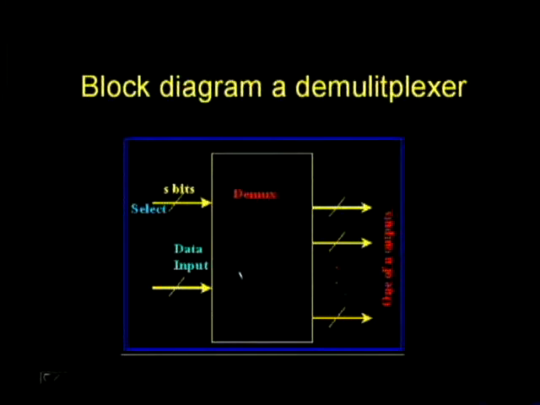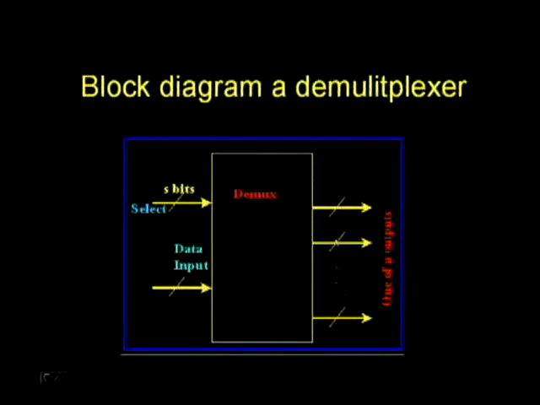The block diagram of a demultiplexer looks like this. It has one input and n outputs. The one data input will be connected to one of these outputs depending on the selection bits present.